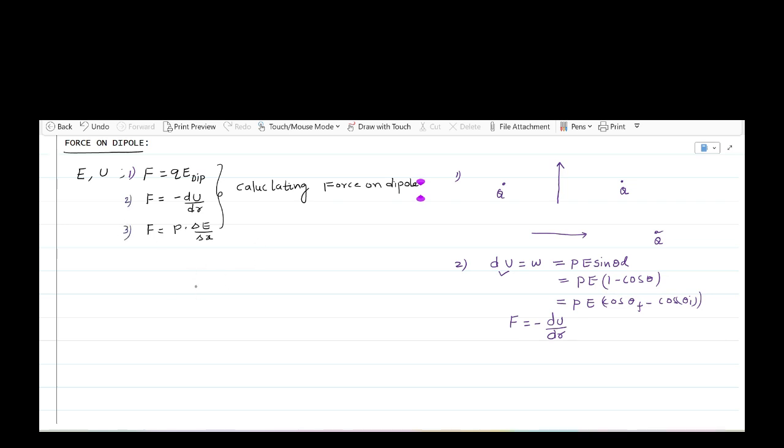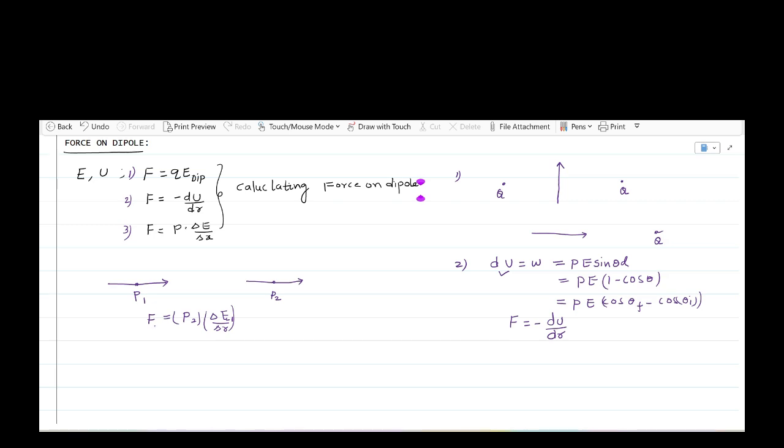When two dipoles are involved, the centers of the dipoles are separated by the distance d. This is the dipole moment P1, this is the dipole moment P2. Here the force is equal to P2 into delta E by delta R of P1, where E is by the first dipole.